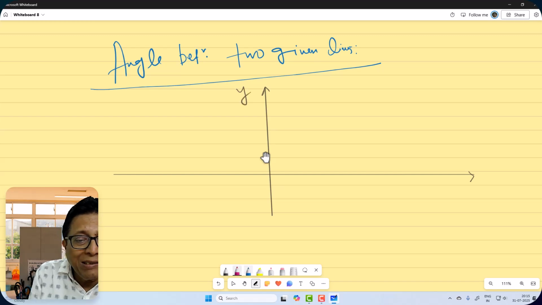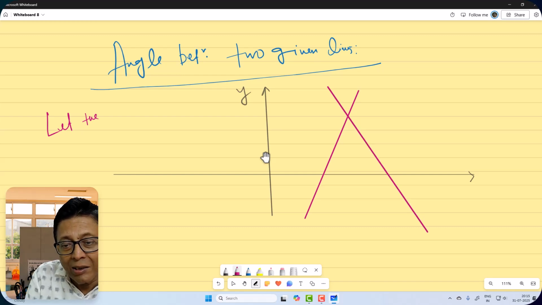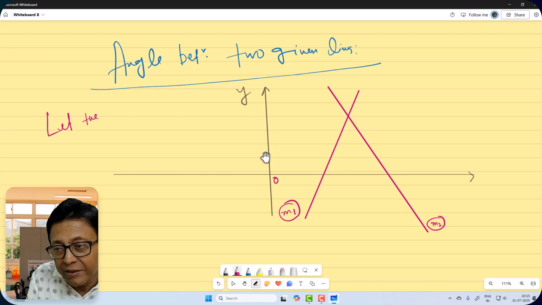Two given lines means their slopes will be given. Let the slopes of the two lines be m1 and m2. This is the first line, this is your second line.